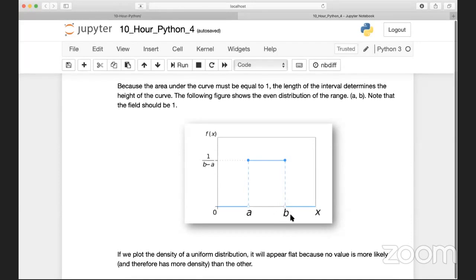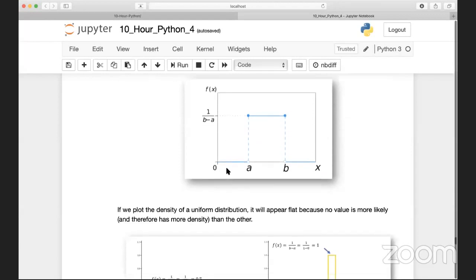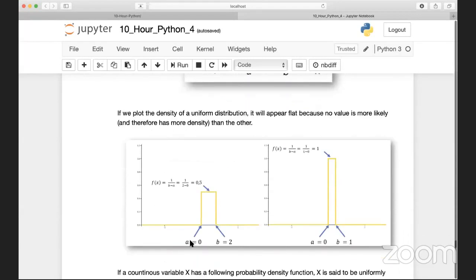B is the upper bound of the range, a is the lower bound of the range. So the density function is calculated with this easy formula. Okay, so if you are working with this interval 0, 2, you just simply calculate the probability density function of the uniform distribution, like 1 over b minus a, which corresponds to 1 over 2 minus 0, equal to 0.5.